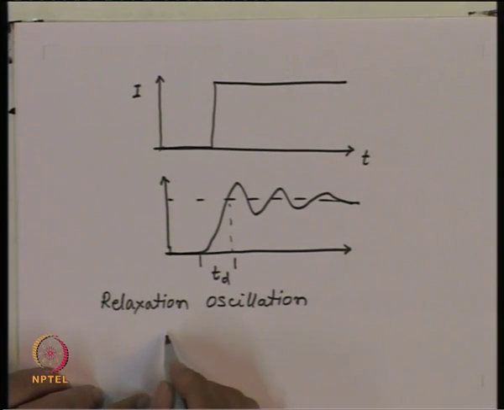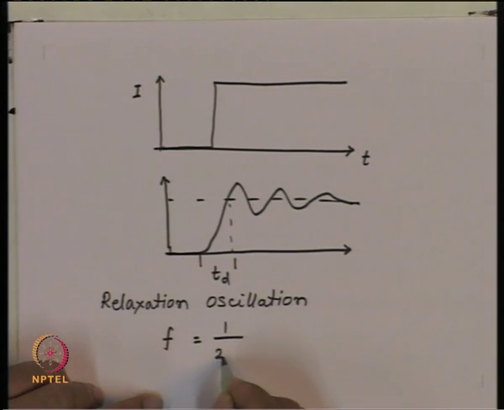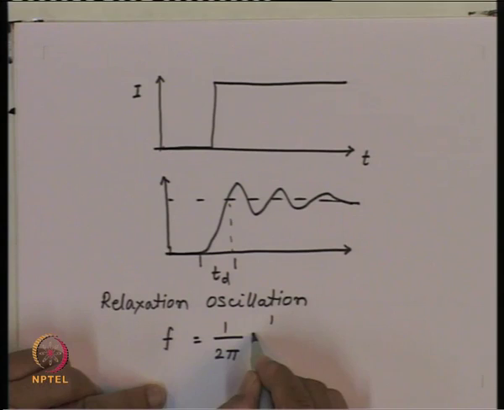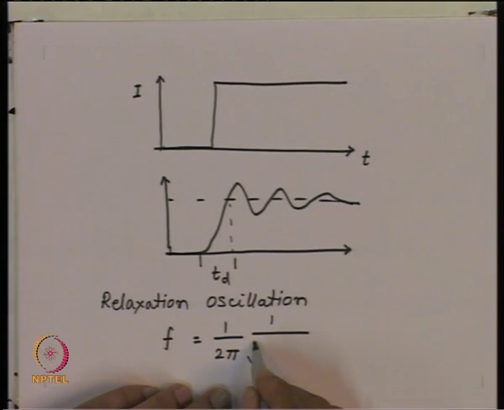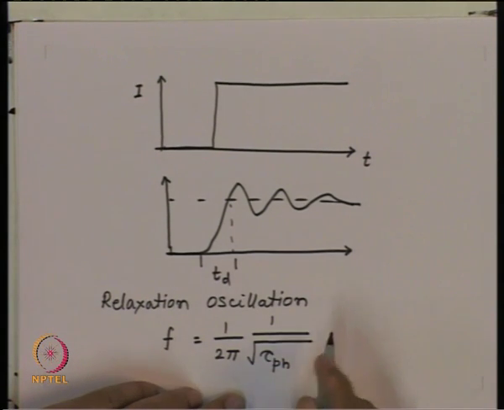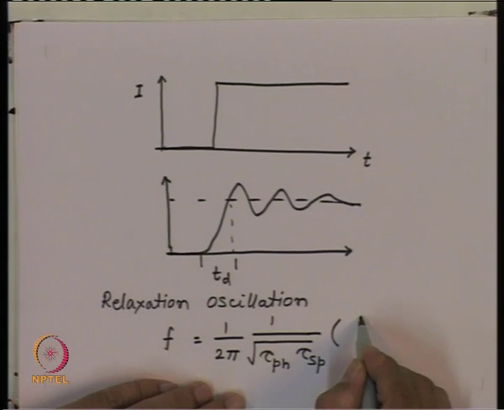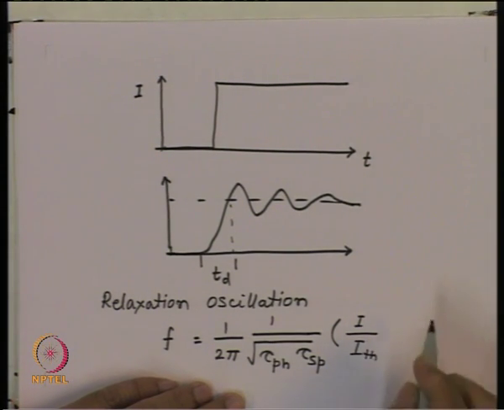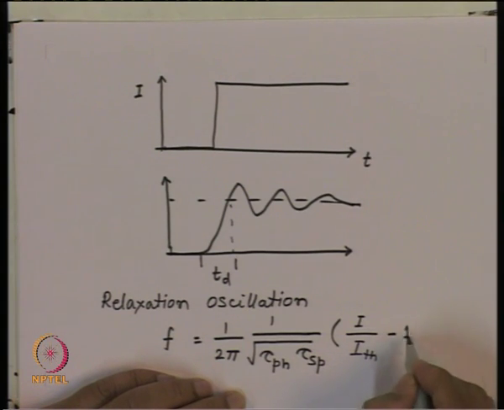And the frequency for this relaxation oscillation f is equal to 1 upon 2 pi, 1 upon square root of tau photon, which is the lifetime of the photon inside the laser, multiplied by tau spontaneous, into I upon I threshold minus 1, to the power half.